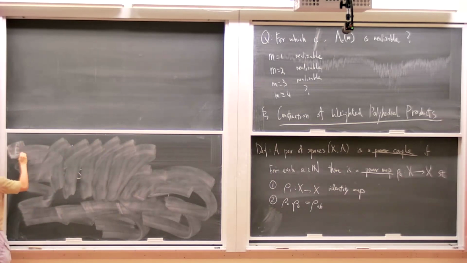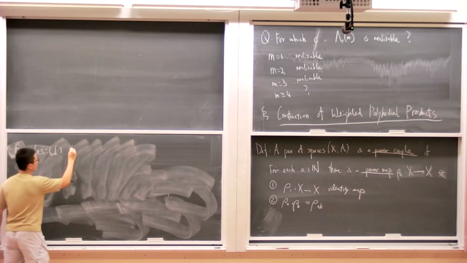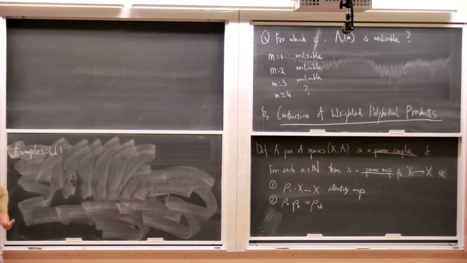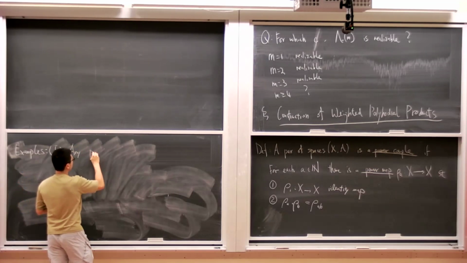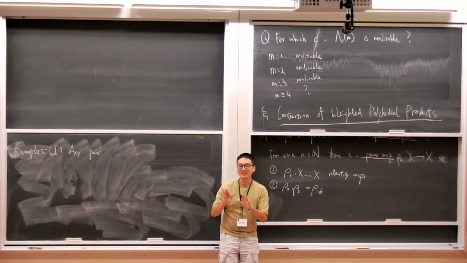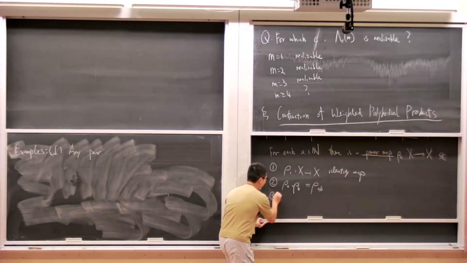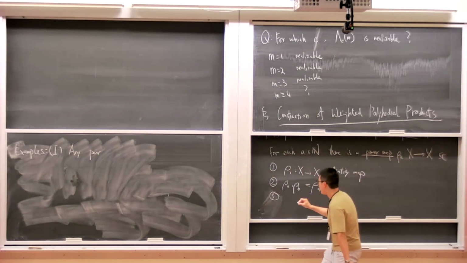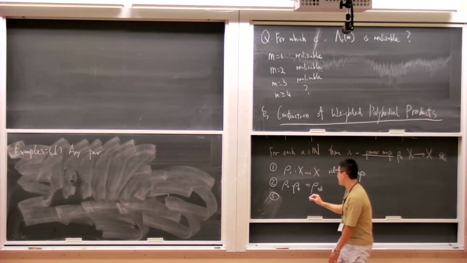So for example, first example, if I have any pair of spaces, we can consider it as a power couple by equipping the trivial power maps. Oh, sorry, I remember. Yes, I remember there are three conditions, but I just couldn't remember. The third condition is you have to make sure that the inclusion of A into X is compatible with the power maps.